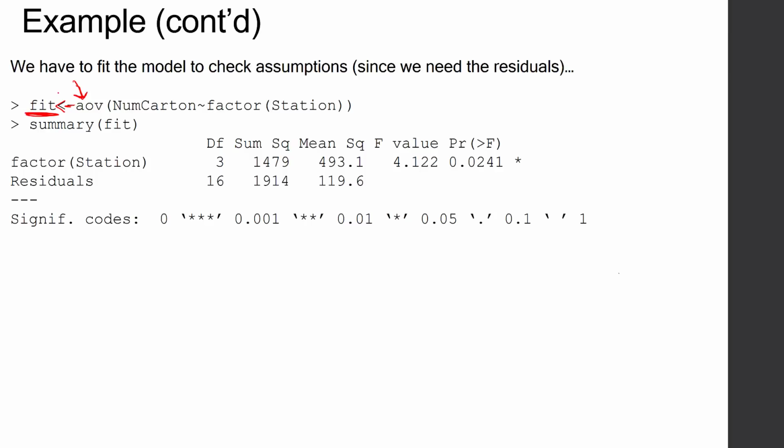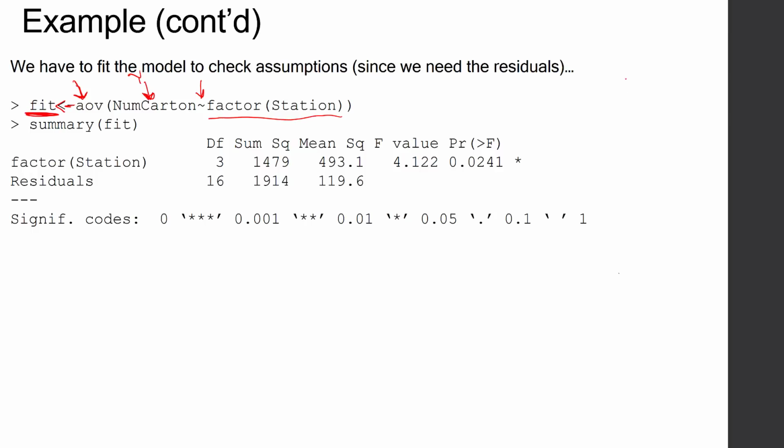I attached my data set, so I put my response variable, my quantitative response, my Y, number of cartons, on the left, and then I use the tilde sign and put any predictors that I have. Right now we're only doing a one-way ANOVA, so I have one predictor. Now notice that I put the factor function around station. Why did I do that? If you remember, the list of stations in my data set was not words, it was numbers.